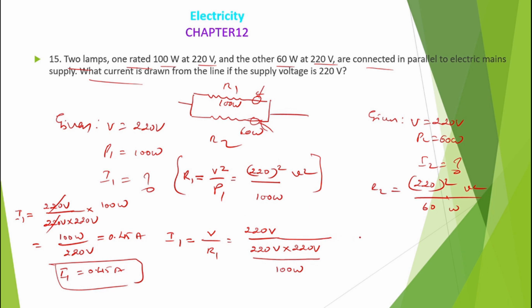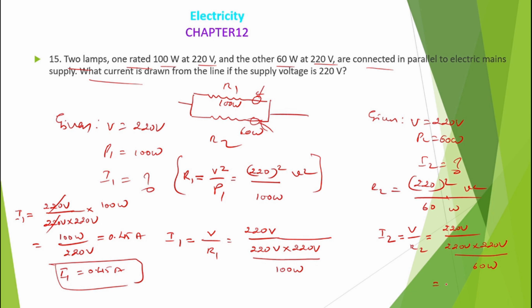And second we will see, second. So R2, that means I2 is equal to V by R2. So V is equal to 220 volt, divided by R2 means 220 volt into 220 volt divided by 60 watt.